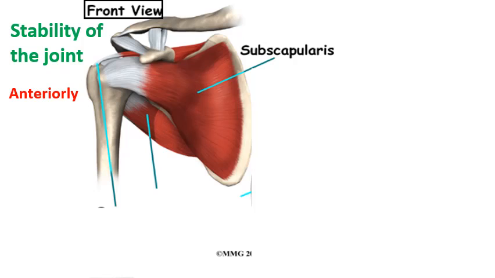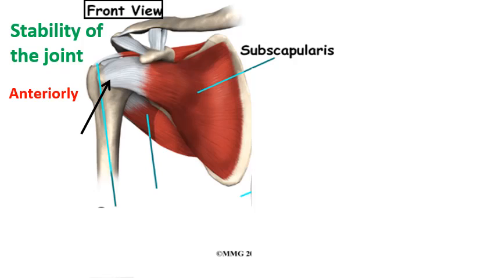We can see a muscle called the subscapularis muscle attached to the ventral aspect of the scapula, and its tendon goes to be attached to the humerus. As you see, this tendon passes in front of the shoulder joint. As it passes in front of the shoulder joint, it fuses with the fibrous capsule.